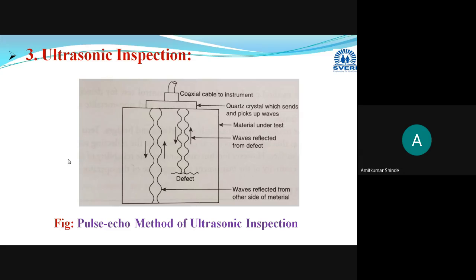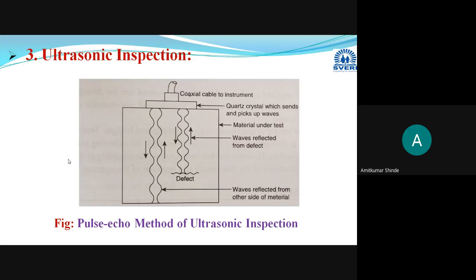Depending on the patterns obtained from the ultrasonic waves and the time taken, the time taken to travel the distance from one end to the other end of the test specimen is also measured. With the help of the time measured and the pattern obtained on the cathode ray oscilloscope screen, depending on these two parameters, we can detect the defects.